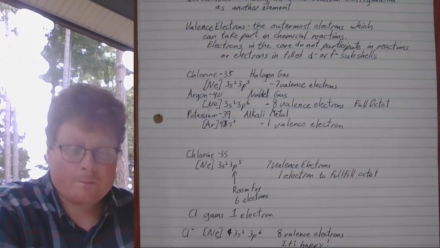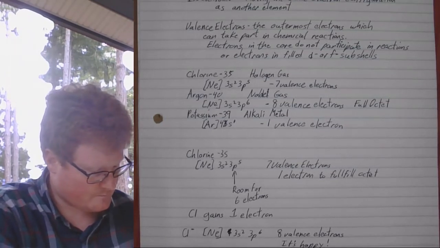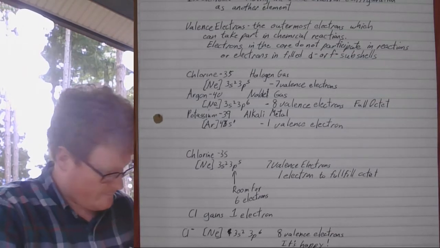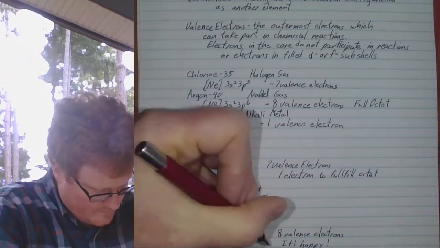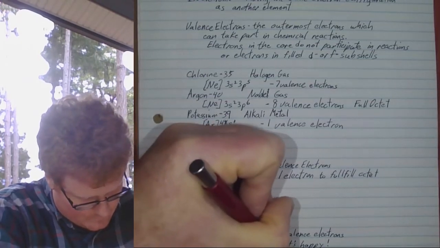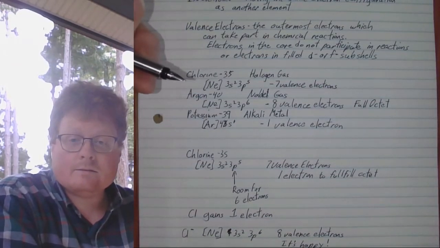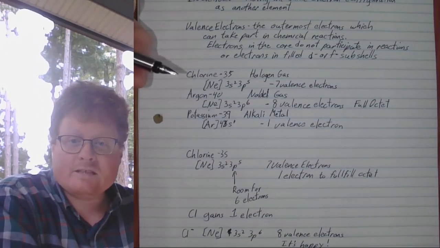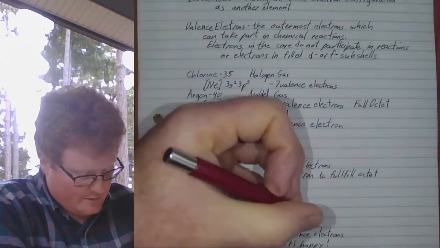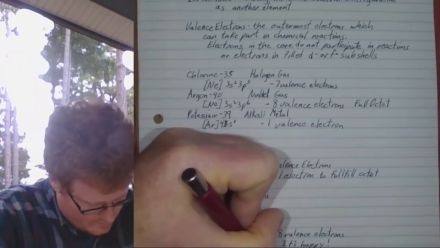If you look at chlorine, atomic number 17, in its regular state it would have 17 electrons, correct? 1 electron for every proton. If I made it into an ion, I've added 1 electron.